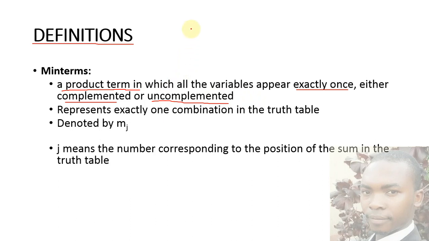We can express all values because we looked at a truth table somewhere. So the combination of the outcome is 1 in all the possibilities. This minterm represents exactly one combination.